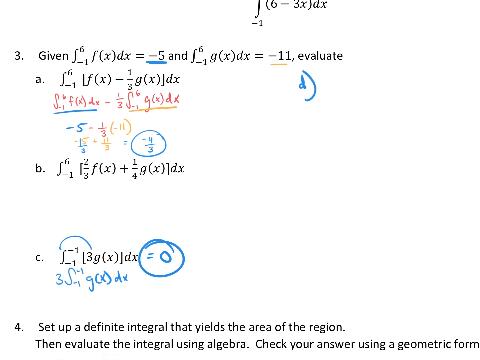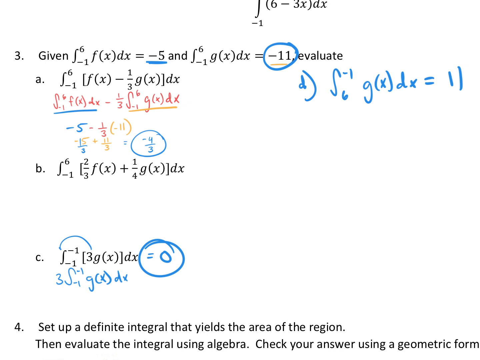Let's say it asks us for the integral from 6 to -1 of g of x. What would our answer be here? It would be positive 11. Awesome. It would change the sign of our answer here. So this would be positive 11. If it flips the integral, it flips the sign of the number, because it's the same number.